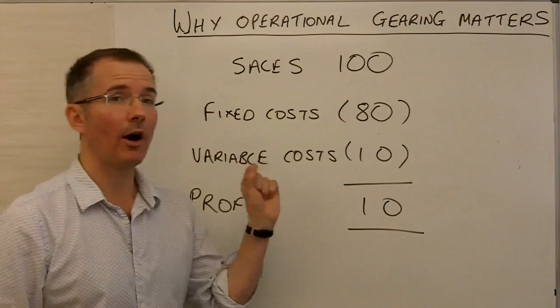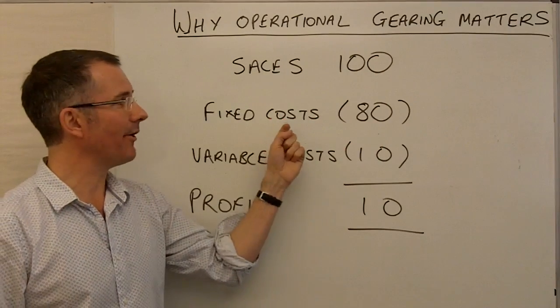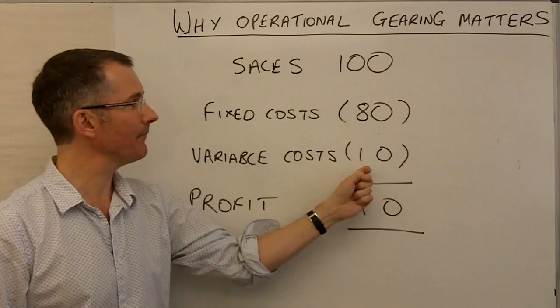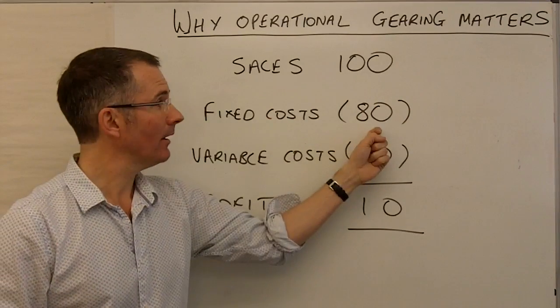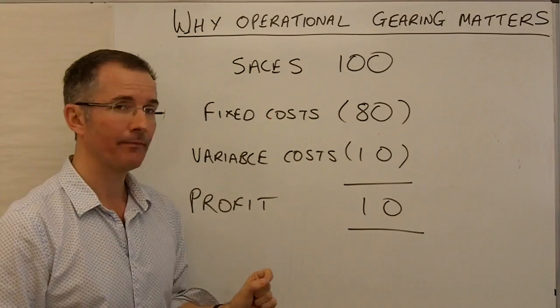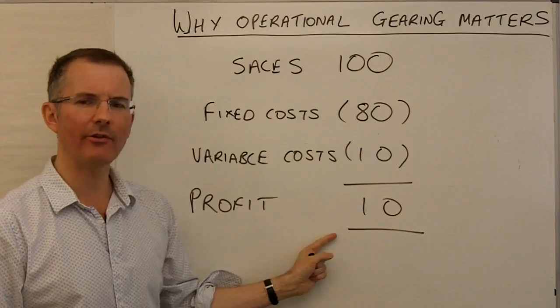Great. So far, so what? This is a business with high operational gearing. Fixed costs are a very high proportion of total costs. Total costs are 90, fixed costs are 80, and that has a dramatic impact on what happens next. Because, take this business, and if you're thinking, what kind of business is this?